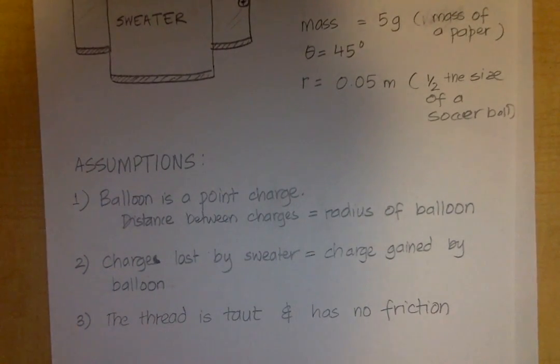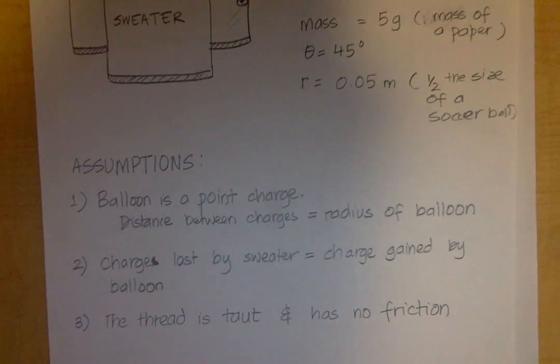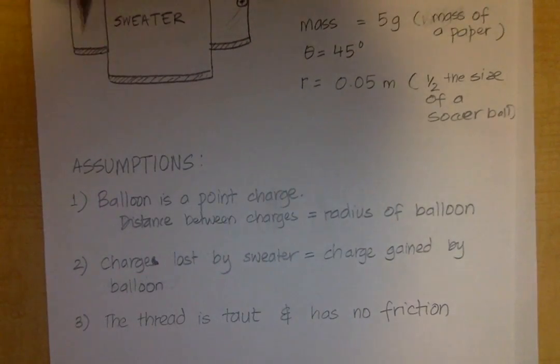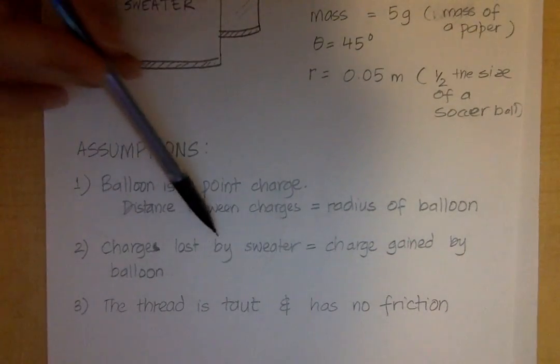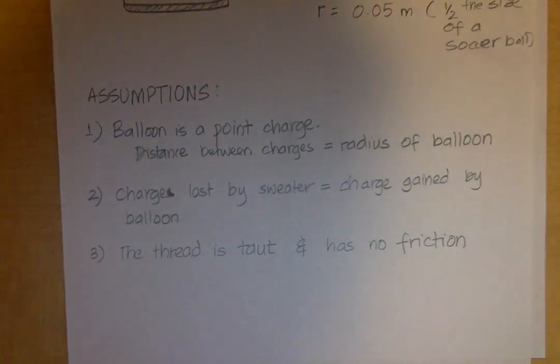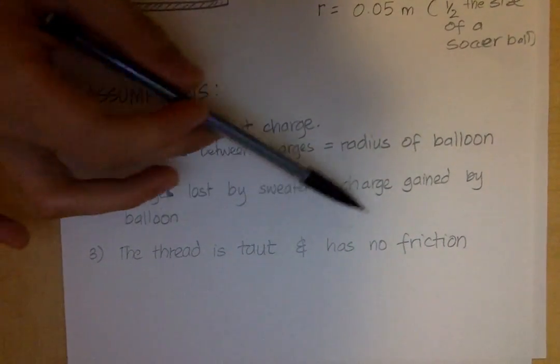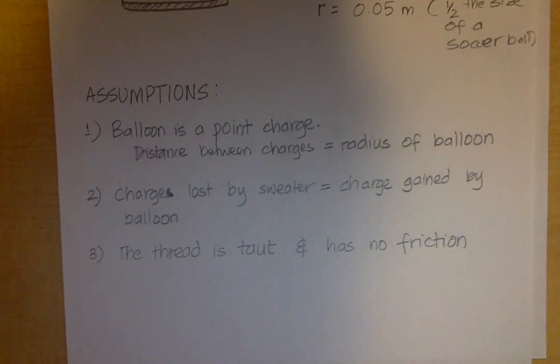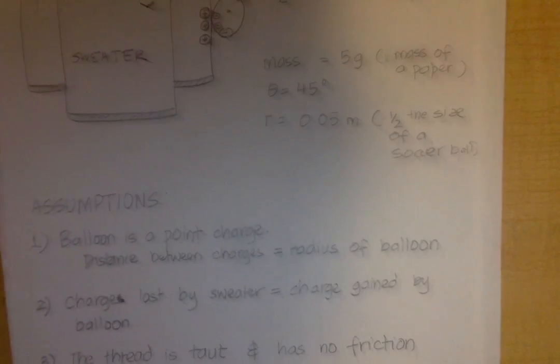That means the distance between the charges is equal to the radius of the balloon. Also, the charge lost by the sweater is equal to the charge gained by the balloon. And finally, the thread is taut and has no friction. That means this is a frictionless setup.